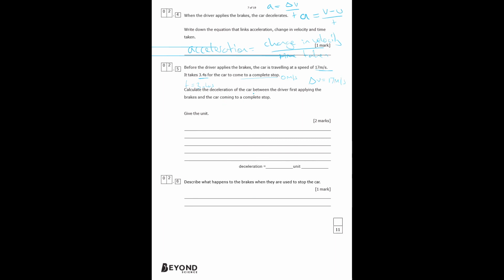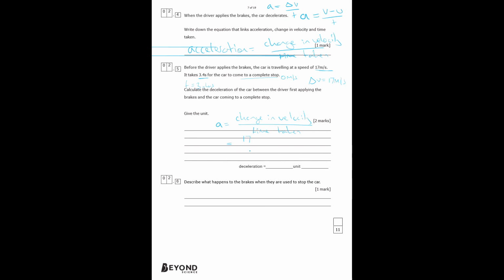Calculate the deceleration of the car between the driver first applying the brakes and the car coming to a complete stop. Well, all we have to do here is use the equation that we have just recalled for the previous question. Acceleration equals change in velocity over time taken.